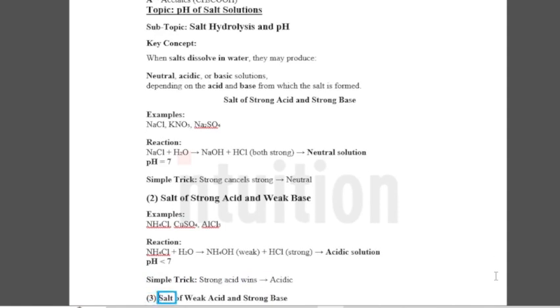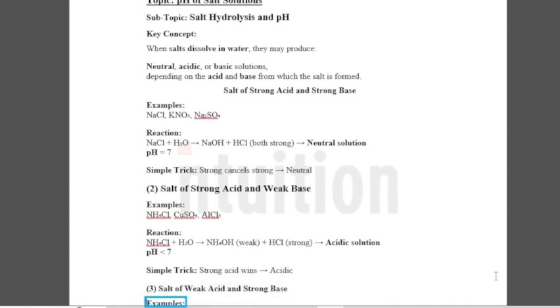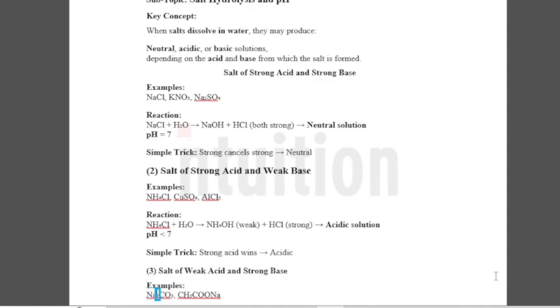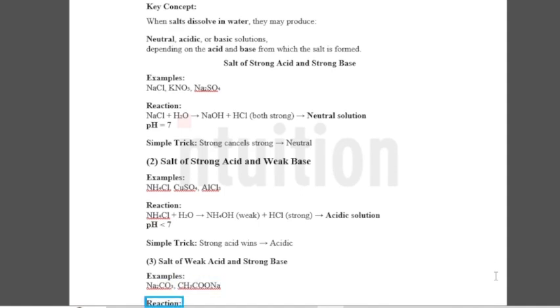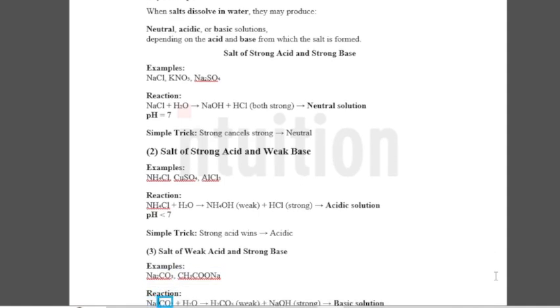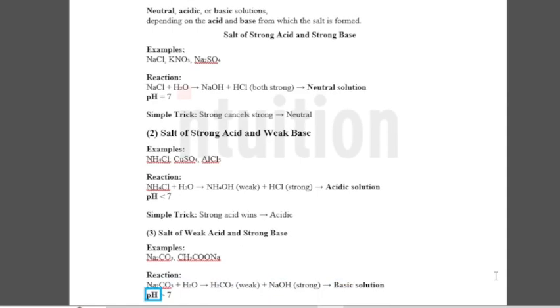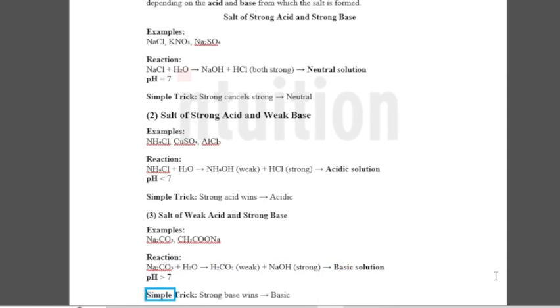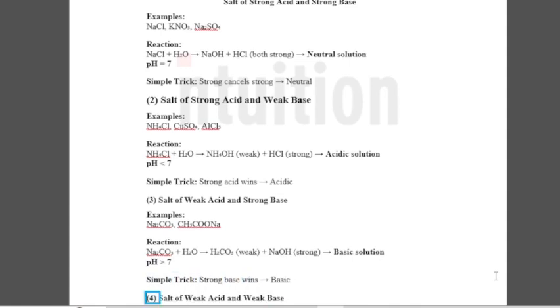Three. Salt of a weak acid and a strong base. Examples: Na2CO3, CH3COONa. Reaction: Na2CO3 plus H2O gives H2CO3, weak, plus NaOH, strong. The solution is basic, pH above 7. Simple trick: strong base wins, basic.